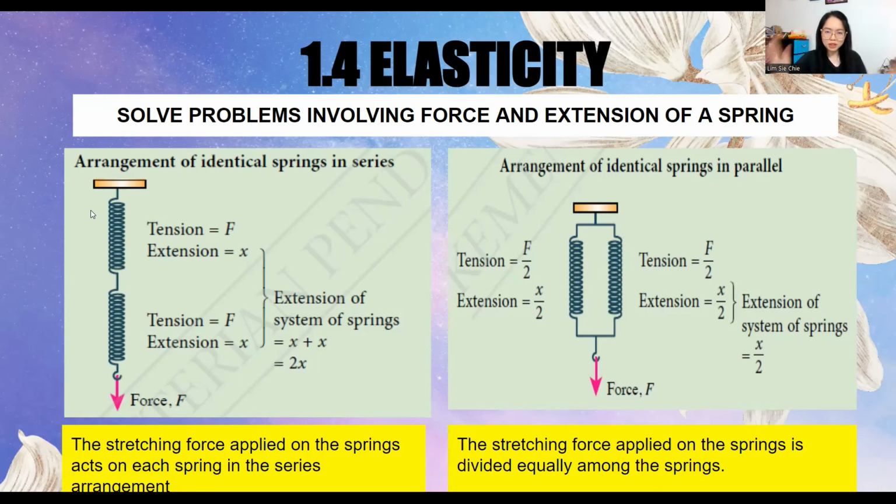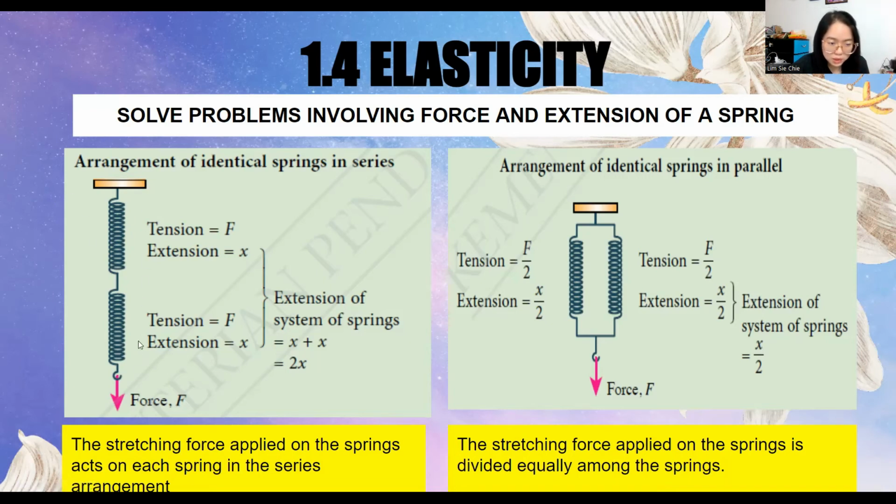Okay, now, next one. If I want to find it for the whole system. Now, this is the whole system. The force here for the spring is 5 Newton. This one will also be 5 Newton, but the one that is going to change is the extension of the spring.